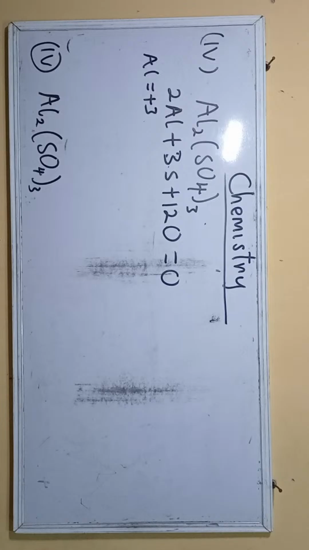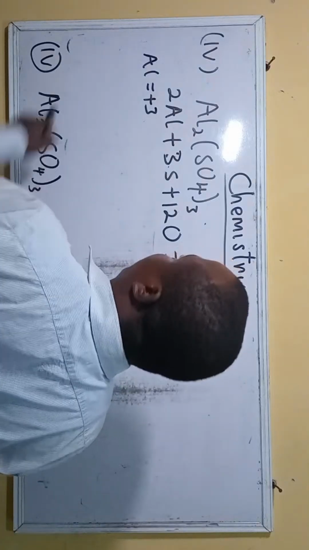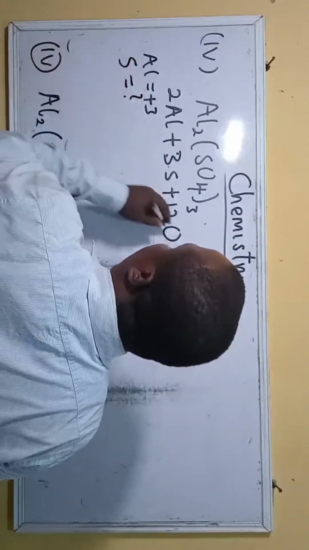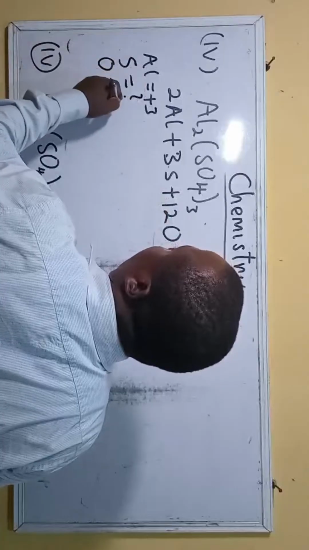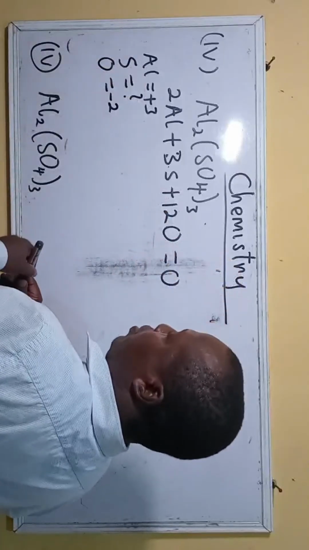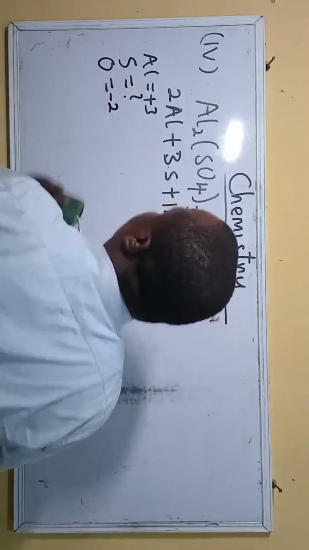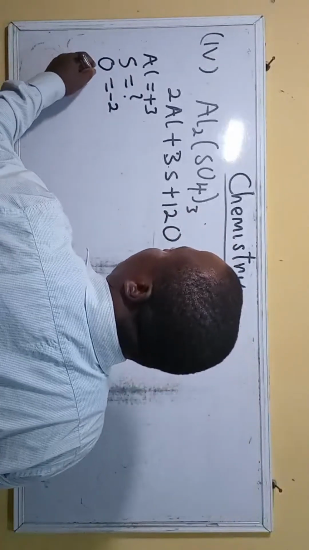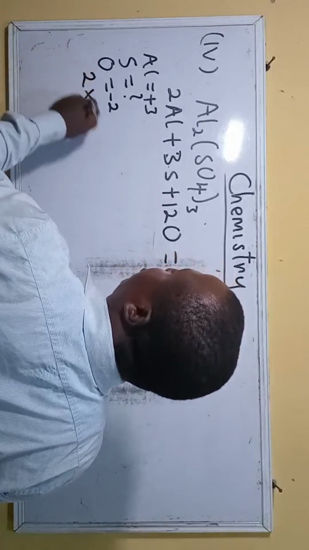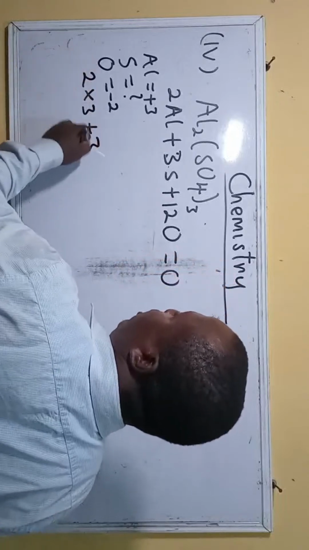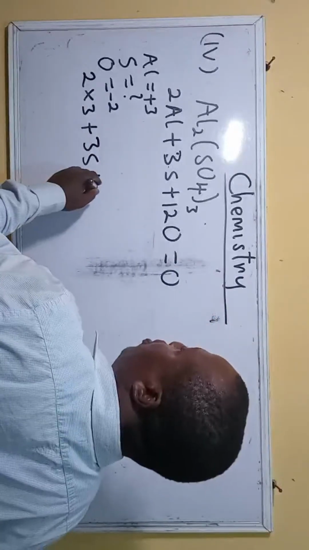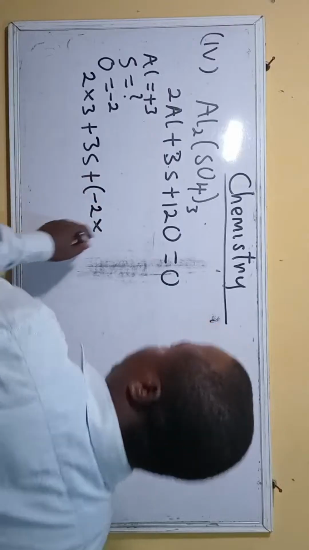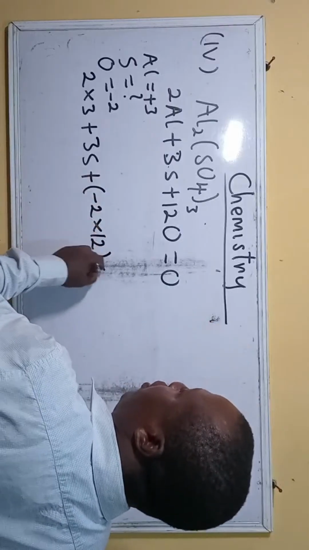Now, so let's see what will happen. I'll make sulfur the subject of the formula. Oxygen is what? -2. So I will now have 2 times 3 plus 3x plus -2 times 12 equal 0.